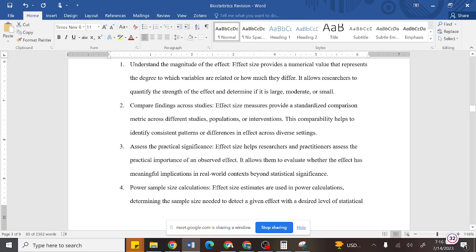It also allows us to do what we call power and sample size calculations.